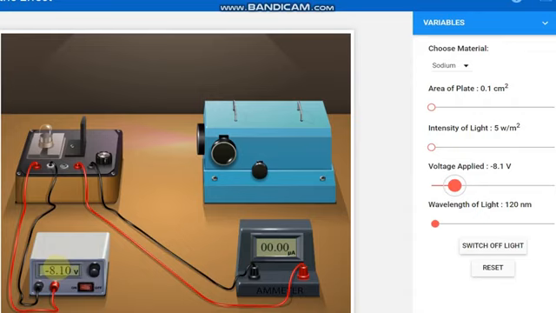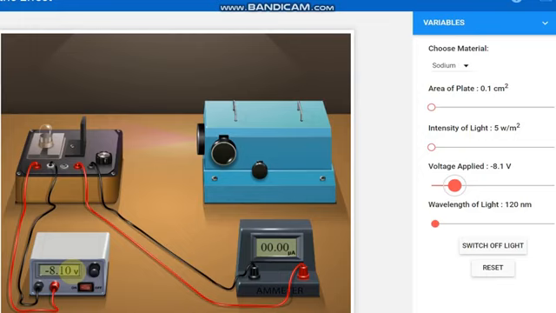This 8.10 is the reverse potential for which the photocurrent is 0, and this potential is called the stopping potential. So you note down this stopping potential for this particular wavelength. For 120 nanometers, the stopping potential equals 8.10. Then you change the wavelength.